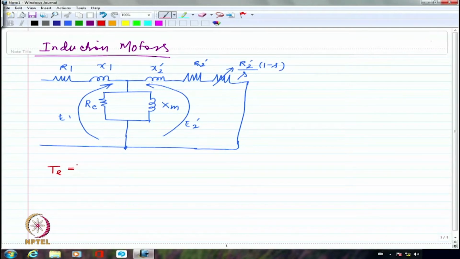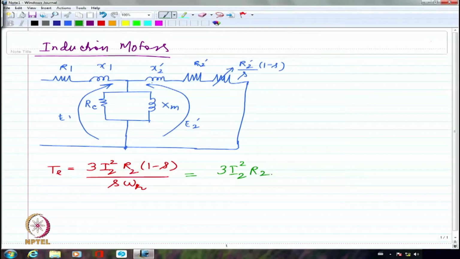If you may recall, that is 3 I2 squared R2 multiplied by (1 minus s) by s omega s. Sorry, omega r. Then we cancelled, writing omega r as (1 minus s) times omega s, so we could remove the (1 minus s) from the numerator as well. So we wrote this as 3 I2 squared R2 divided by s omega s.